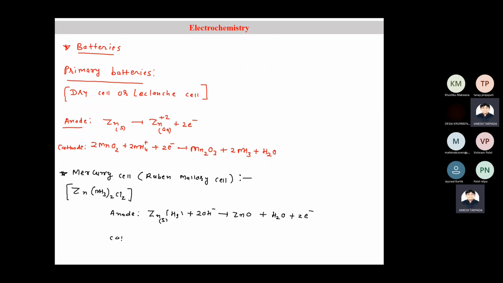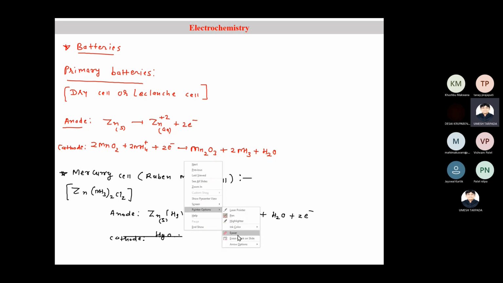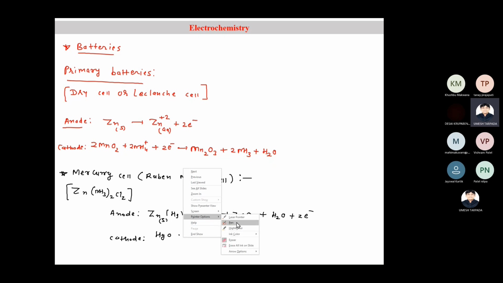At cathode, mercury oxide HgO gets oxidized to Hg.